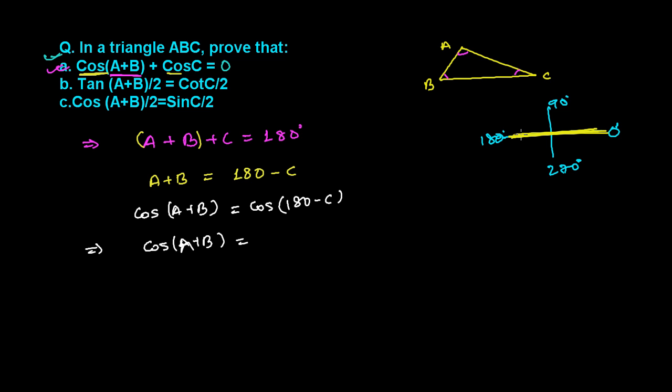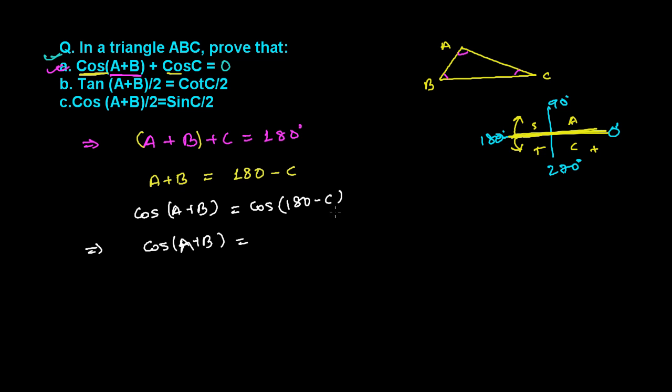Whether we have cos(180 - theta) or cos(180 + theta), we get cos theta, but plus and minus matters. In both cases we get negative, because cosine is positive only in the fourth quadrant. By the CAST rule, all are positive in one quadrant, sine and cosec positive in another, and tan and cot positive here. So in both regions cosine is negative.